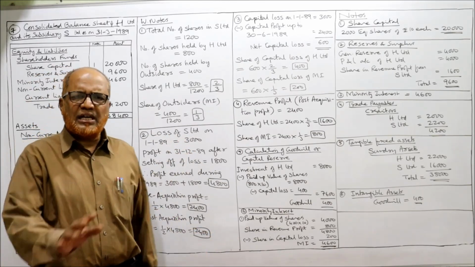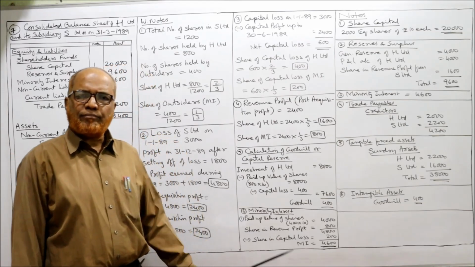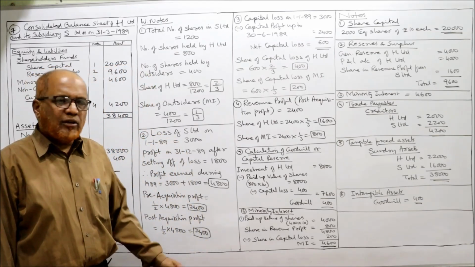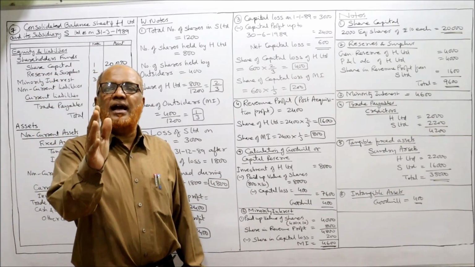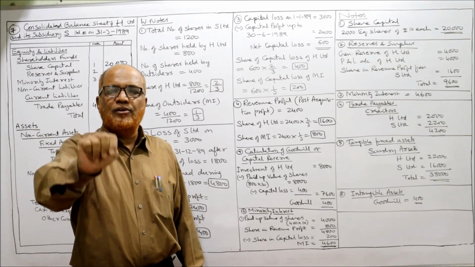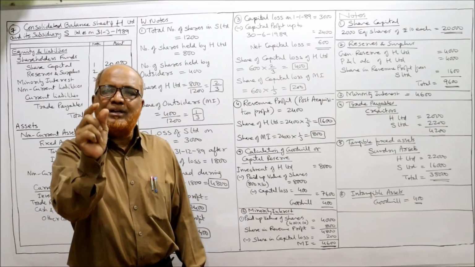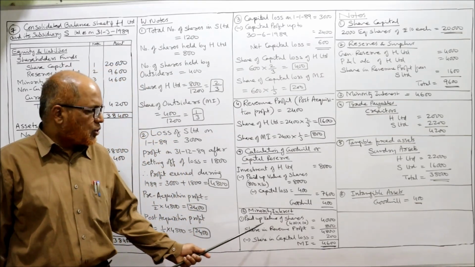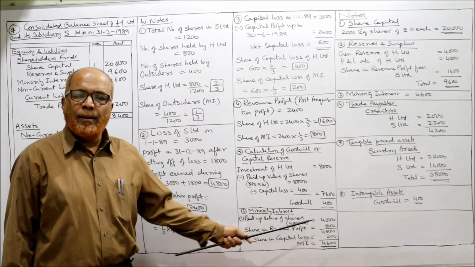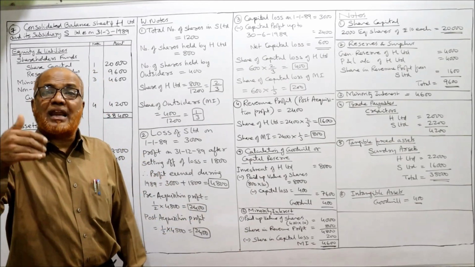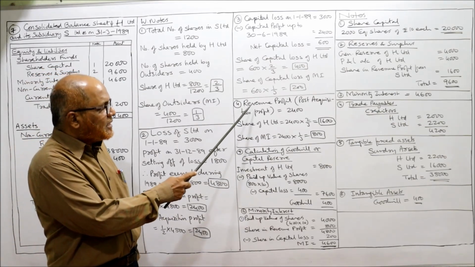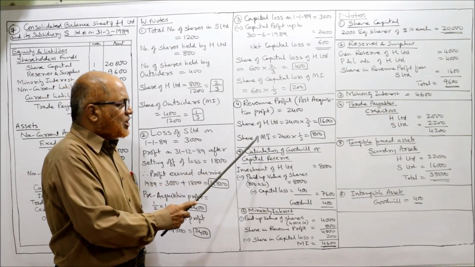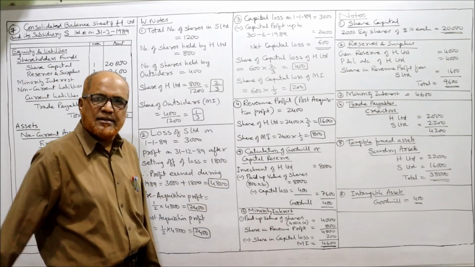Now minority interest, last working note, minority interest. In minority interest, we'll take paid up value of shares. How many shares are held by outsiders? 400 shares. Face value 10 rupees. So 400 into 10, 4,000. To this we add share of revenue profit. How much is the share of revenue profit of minority interest? You can see revenue profit, share of minority interest is 800.